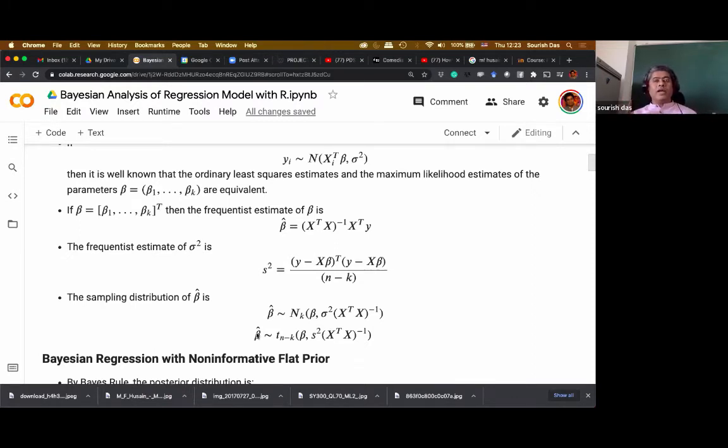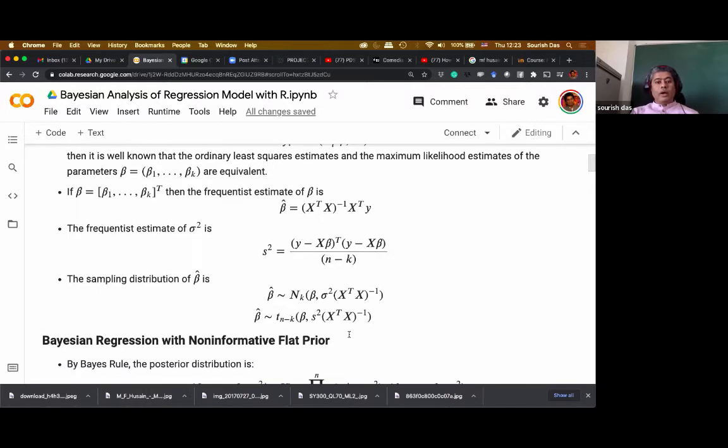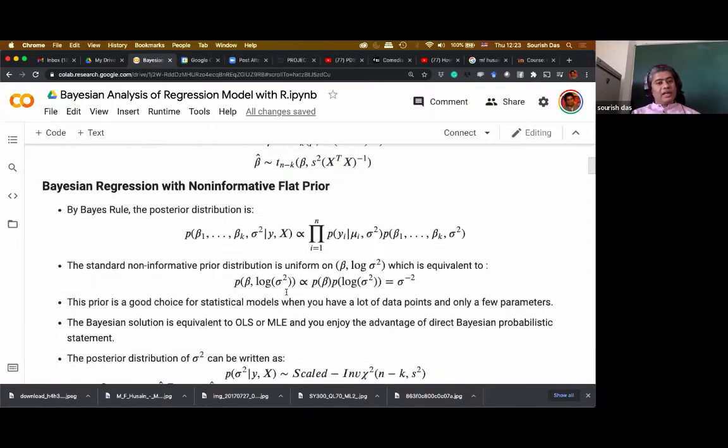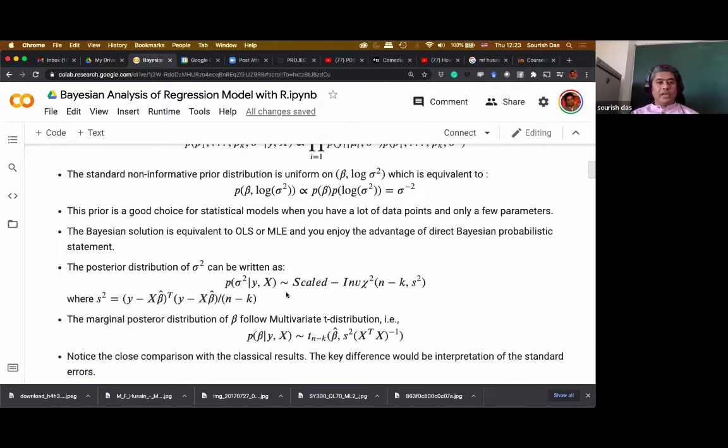How far those beta hats can go depends on the covariance matrix S square times x transpose x inverse. So it is telling a completely different story. However, their behavior is modeled by the same probability distribution, T with n minus k. It is just that the perspective is completely different, and that is the fascinating mathematics we are getting here.